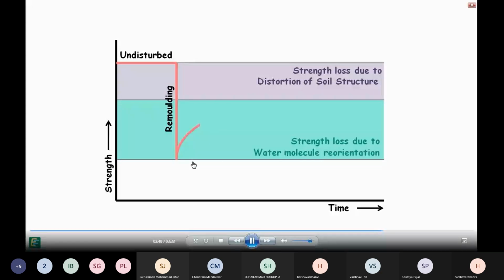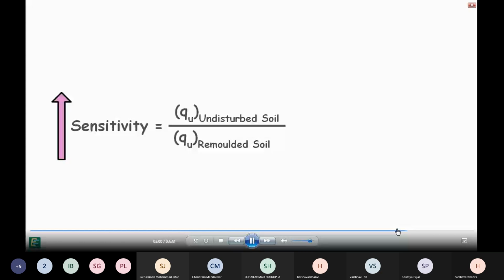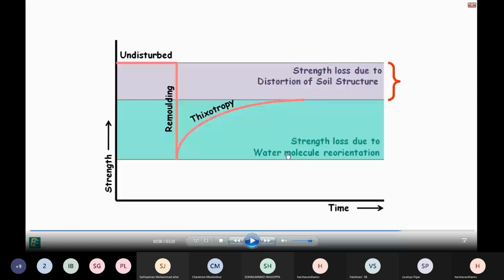With the passage of time there is a gain in strength, but only due to rearrangement of these water molecules. The strength lost due to distortion of soil structure cannot be gained back, as the soil particles cannot go back to their original arrangement. So the strength gain is only due to water molecule reorientation.